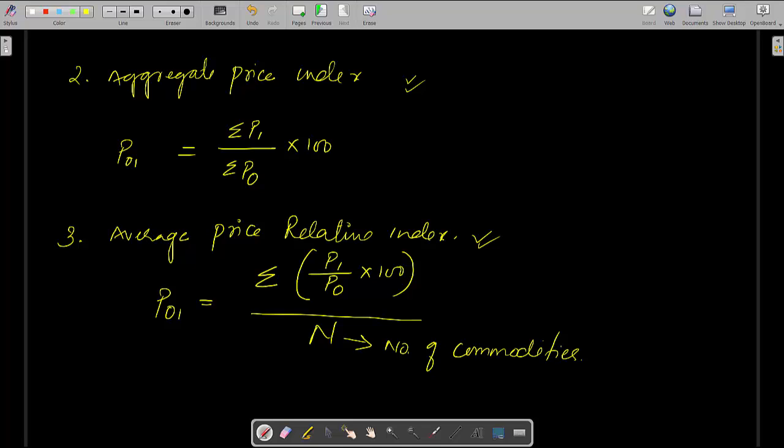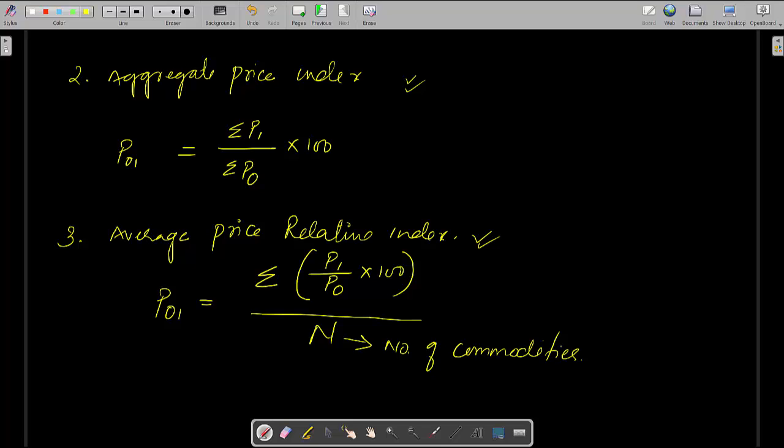Every time, if the base year is given in the question, then you have to use that base year to calculate the price index. And if the base year is not given, then you will use the later base period. Clear?